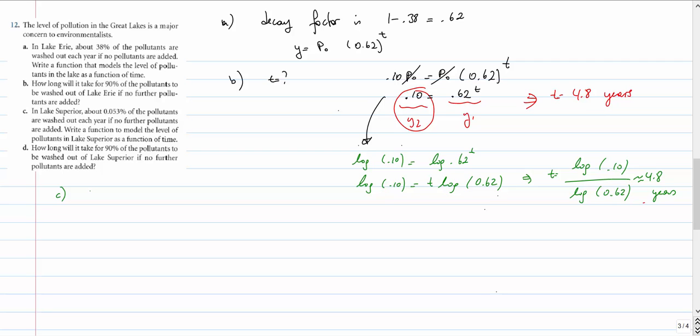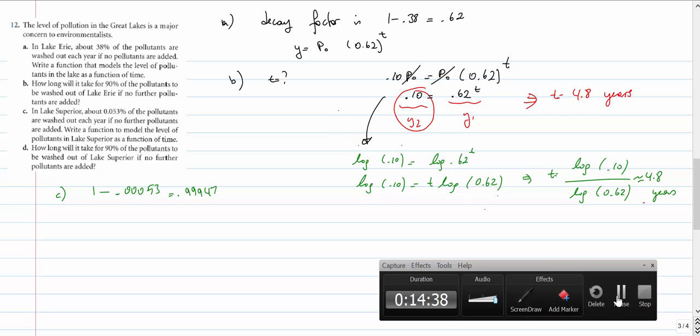So then 1 minus 0.00053, for y is equal to P sub 0 times 0.99947 to the power t.